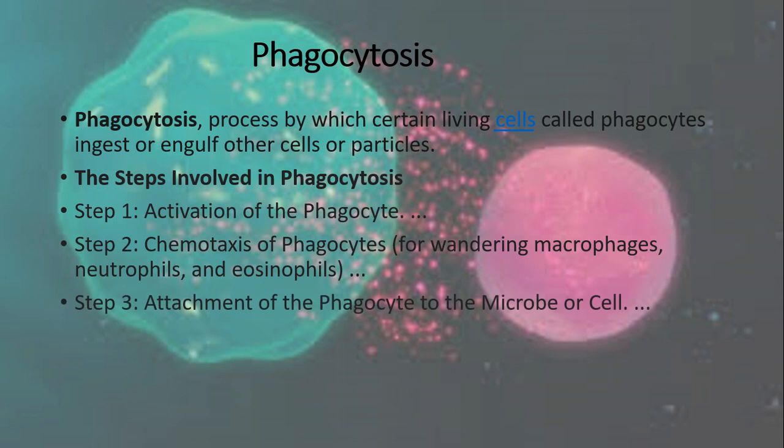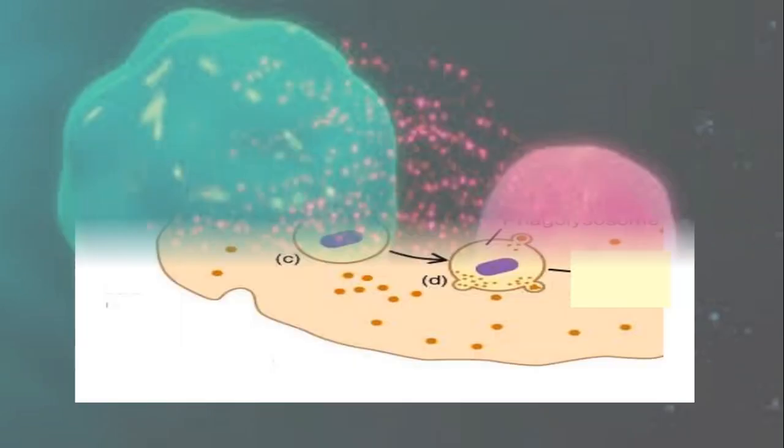After that, they attach, they touch the microbe or the pathogenic cell, and they engulf and digest, if they are able to digest, the pathogenic agent. So these are the four major steps of phagocytosis.